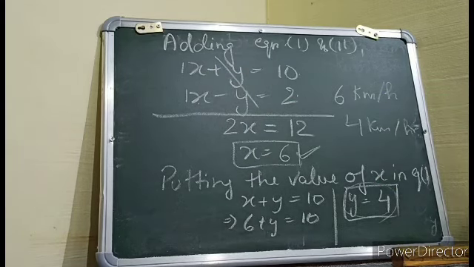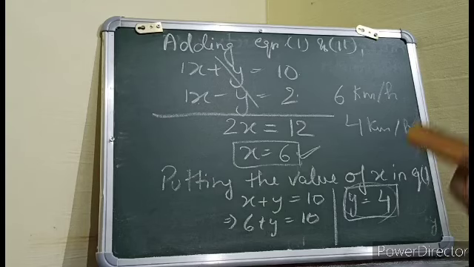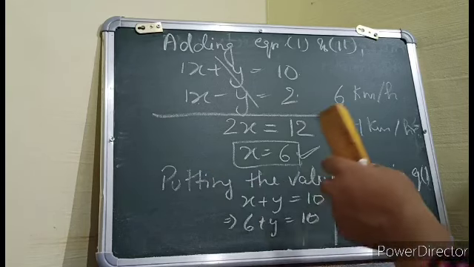When we are going upstream, we have to subtract the speed of the boat and the speed of current, and if we are moving downstream, we have to add the speeds. Only this concept you have to use, then you can easily make the equations and solve them using either method. Okay.